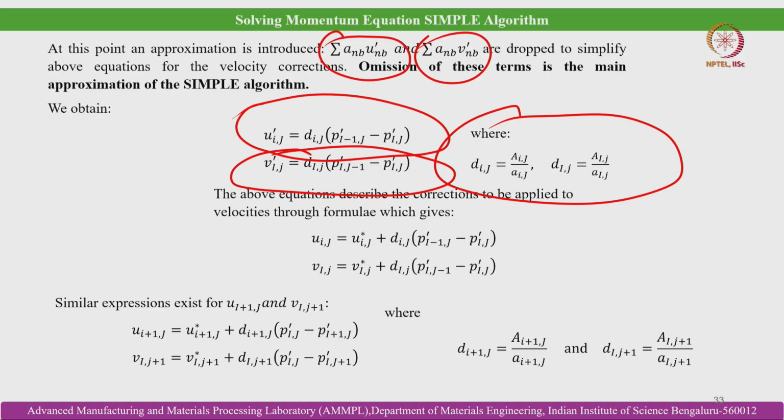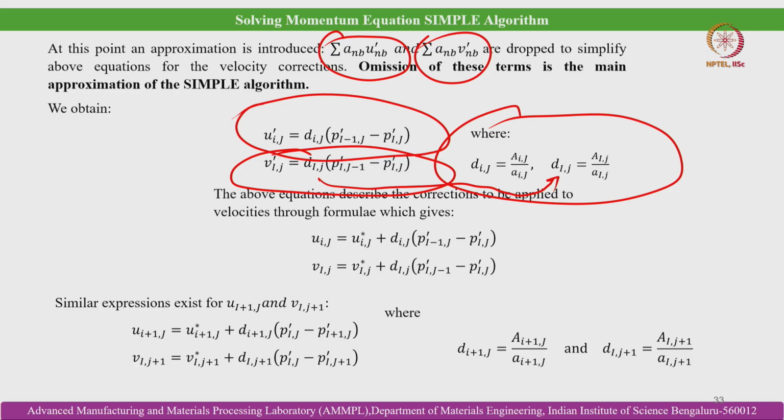So u prime small i capital J is equal to d small i capital J multiplied by p prime capital I minus 1 small capital J minus p prime capital I capital J, where d small i capital J is expressed as the ratio that I discussed earlier, and similarly d capital I small j is expressed as the ratio between a capital I small j divided by small a capital I small j. So, the ratio of these two coefficients.